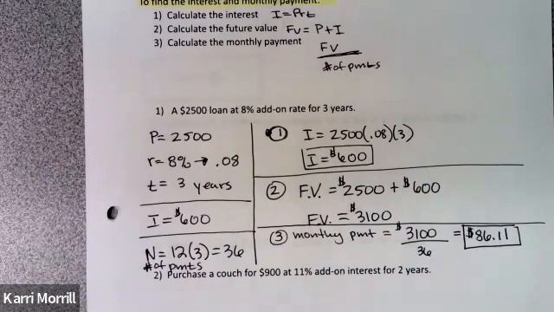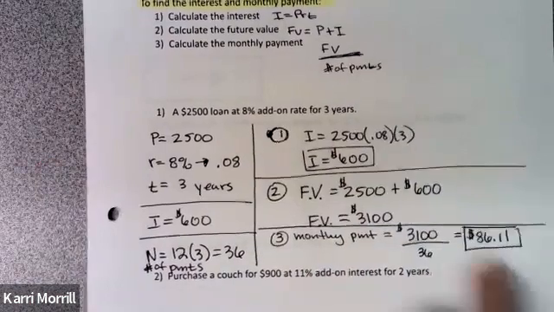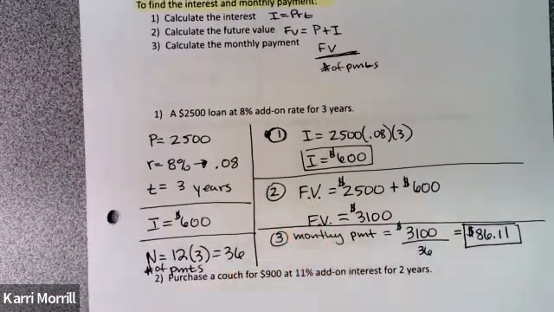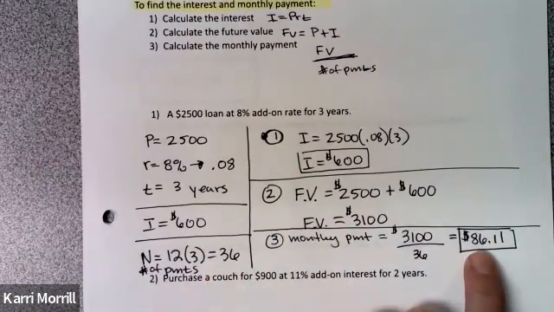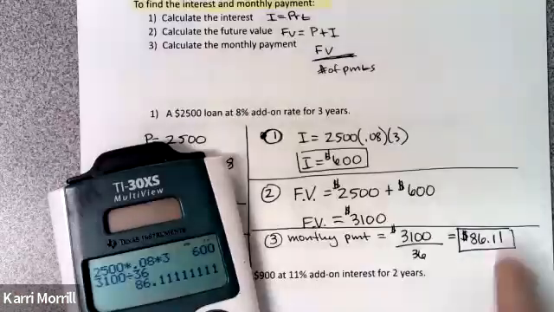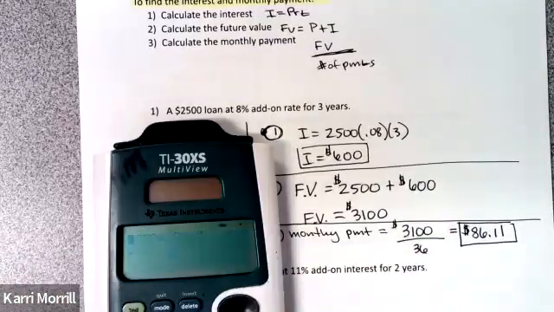Going backwards, remember when we did lecture 7.2, I said if you are given a monthly payment, could you find the future value? We did kind of the same thing. We just didn't divide, we multiplied. If I know I'm going to make 36 payments at this amount, working backwards like we did in 7.2, I'm just showing you that it's the inverse operation. I would have multiplied times the 36 payments.